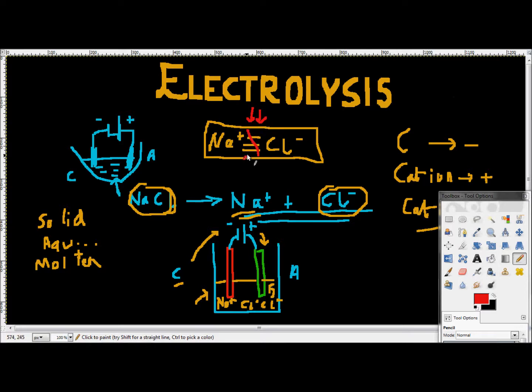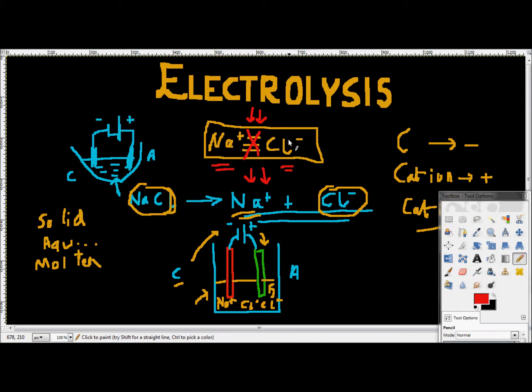When you provide that energy, this bond breaks and you have Na plus ions and Cl minus ions that move separately in different ways. So in that case, when you do have free ions, these Na plus and Cl minus ions can carry the electricity that's coming through. So that is basically why molten and aqueous sodium chloride do conduct electricity.